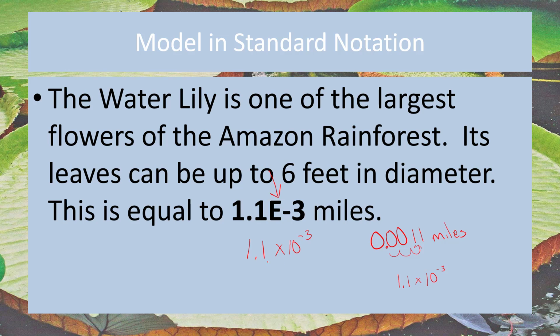Again, if you need to, and I'm fine with this, you can always take your 1.1 and move it back 1, 2, 3 spaces. So we're going to have a decimal there and a 0 in front of it. I am fine with either process. Again, if you see the pattern that a negative power is going to end up with an equal number of zeros, that saves you some time.